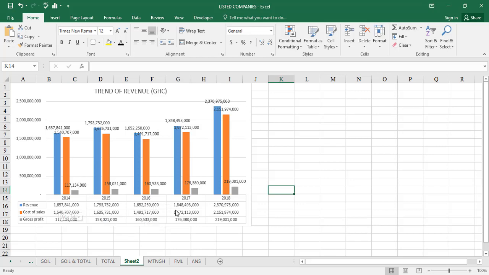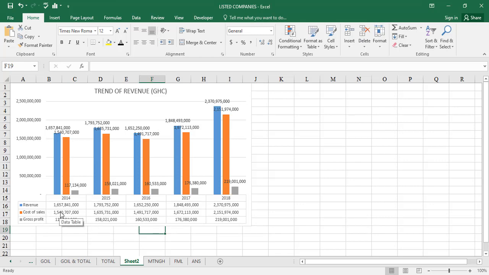This revenue comes from the goods and services that they sell to their customers, which is mainly oil products: fuel, petrol, diesel, and all that you can think of. Since it's an oil and gas company, we all know what they are into.